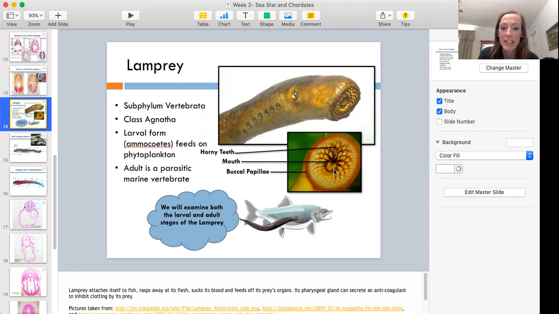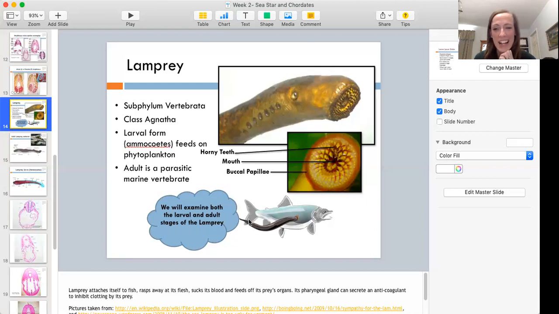And then it has a tongue, which is very raspy, and it will actually work its way through the outside skin layers of its prey and feed off of its prey's blood. So it is kind of a terrifying concept as far as an adult organism.